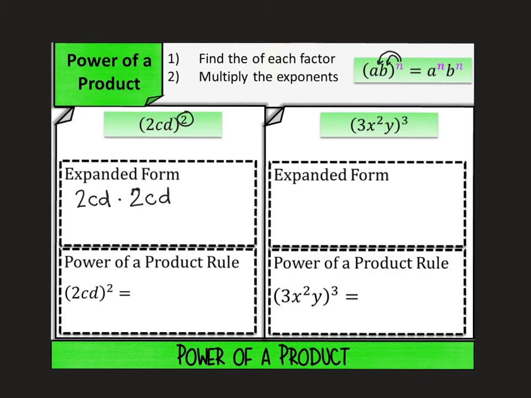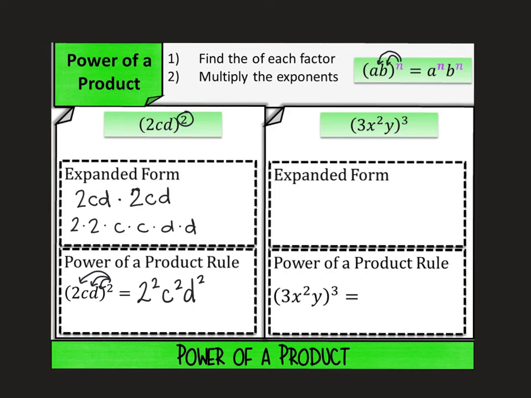If I were to kind of rearrange this, I would have 2 2's, 2 c's, 2 d's. So what that really looks like is 2 squared, c squared, d squared. And if you think about it, it's just getting dropped into each term.